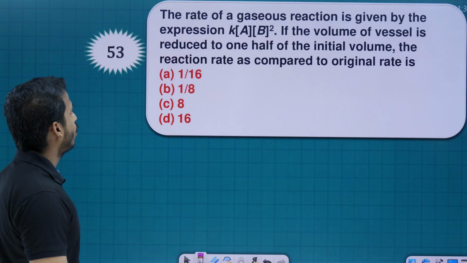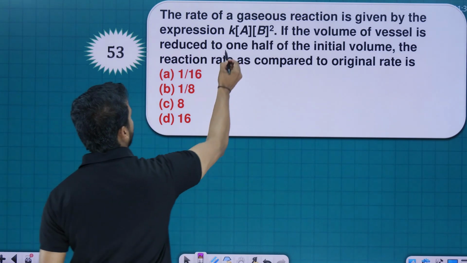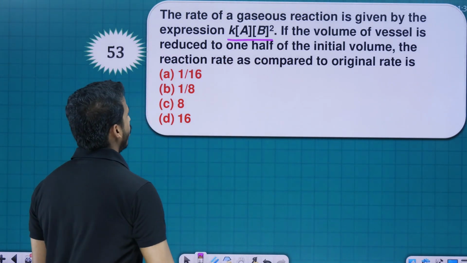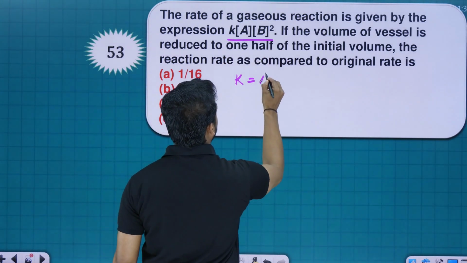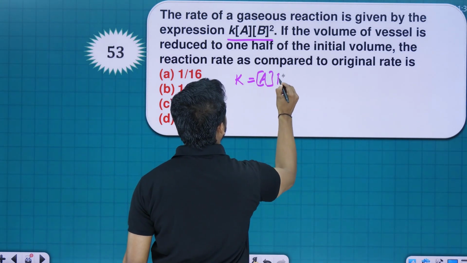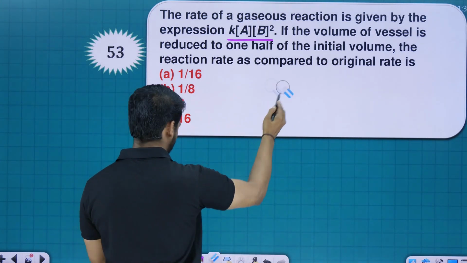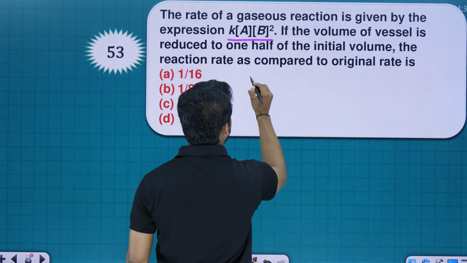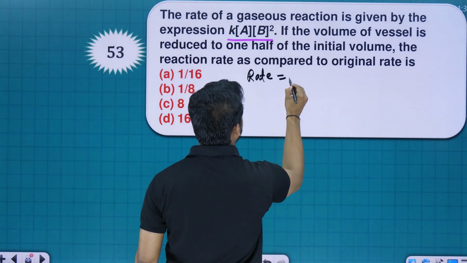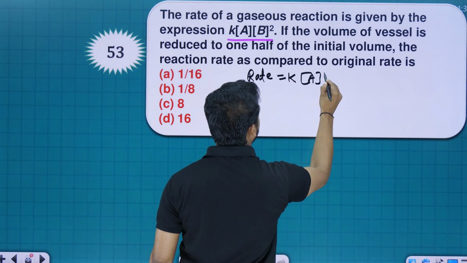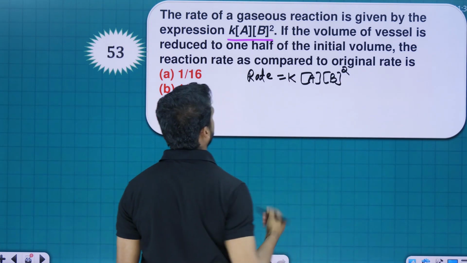Next one, the rate of a gaseous reaction is given by, so the rate is already given. Rate is equal to K into A into B square. All right.